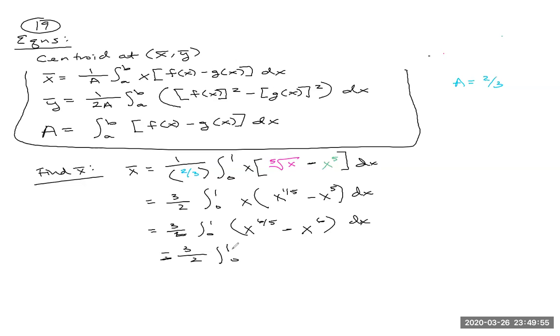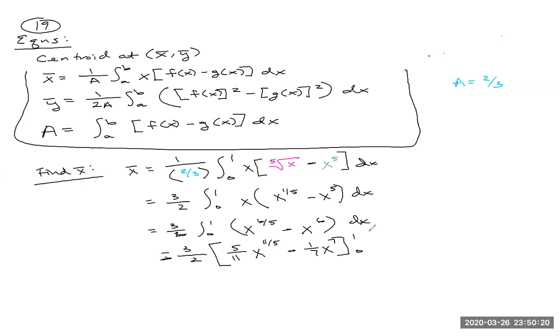Integral 0 to 1. Actually, we can go ahead and take the integral. Remember, add 1 to this exponent, so you're going to get 11/5. And then you want 5/11 in the front, minus x to the 7th, the 1/7 out in front.